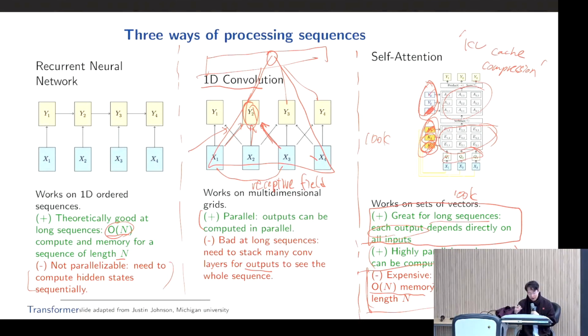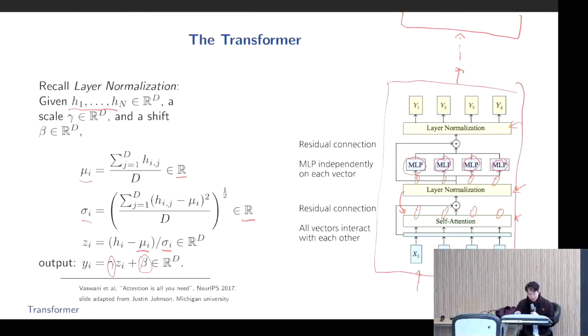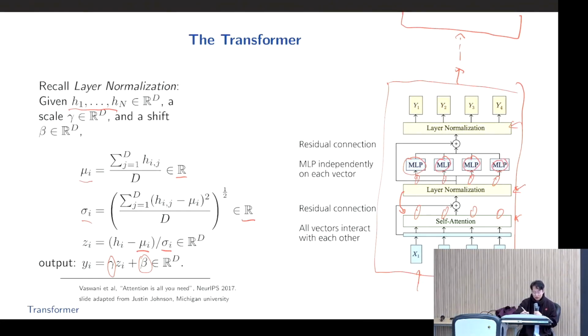And we made a comparison between RNN, 1D convolution, and self-attention in the transformer. So this is a new architecture. We talked about RNNs, LSTMs. Now here's a new architecture called the transformer architecture. Here, we're going to use layer normalization.